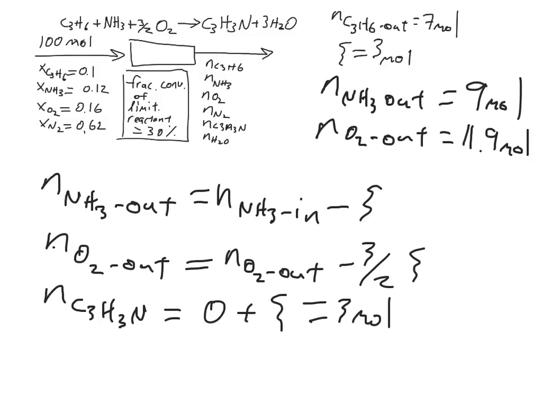And I can do this also for the water. In the case for water, we'll have a 0 here for the inlet, and then we'll have 3 times the extent, so the amount of water coming out of the system is equal to 9 moles.